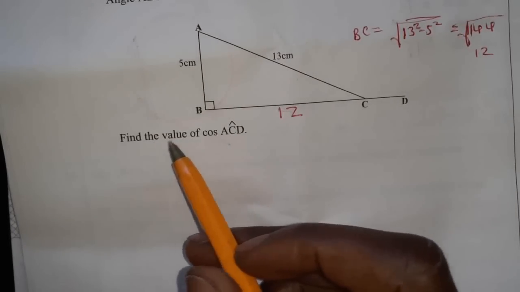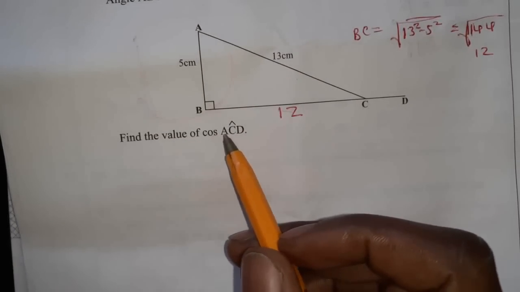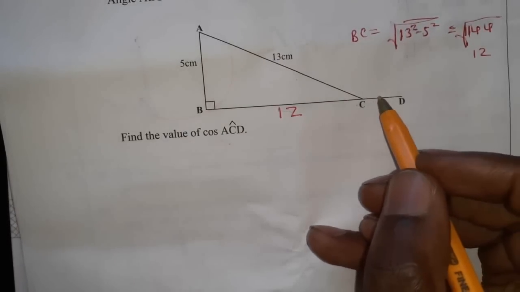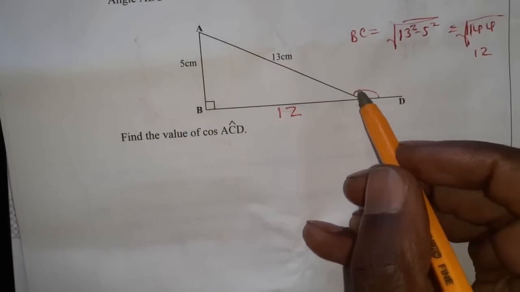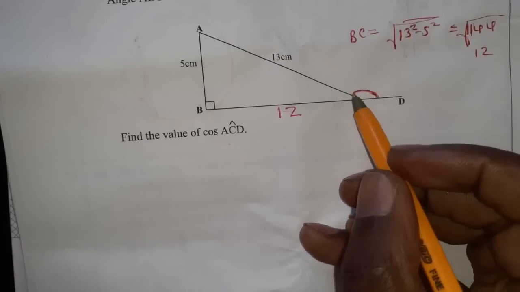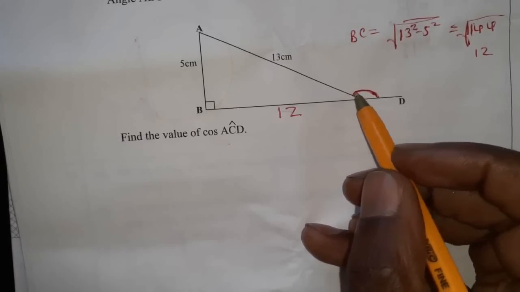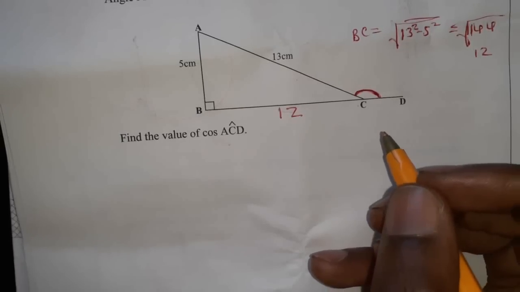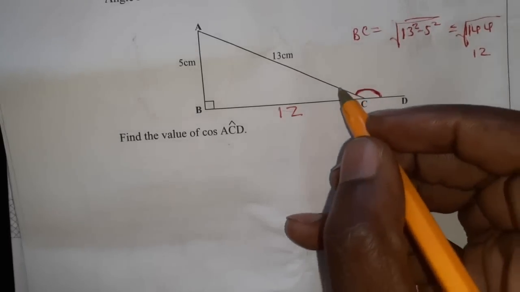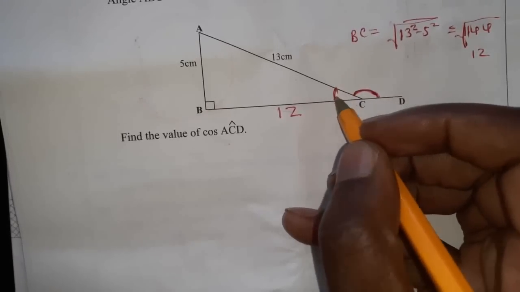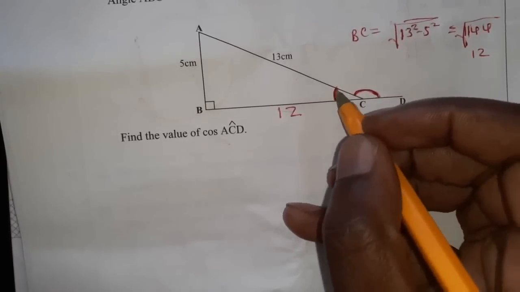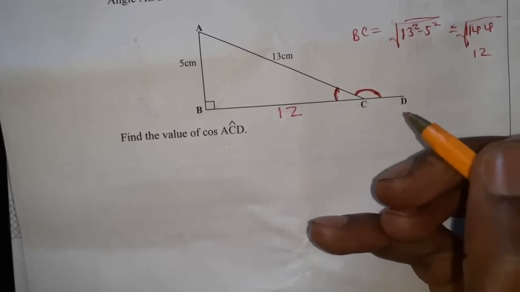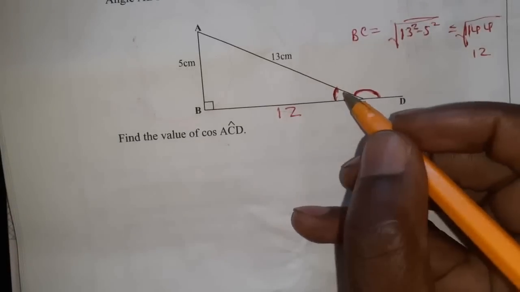So find the value of cos ACD. ACD is this angle here. Cos of this one here. How do we find this one? What we are supposed to do is to start with this one here. Let's find cos of this.